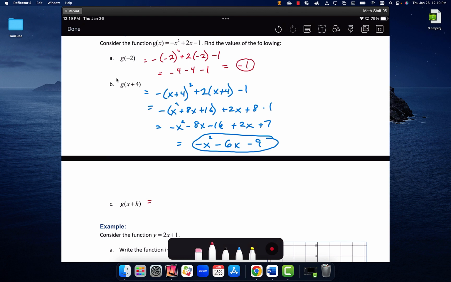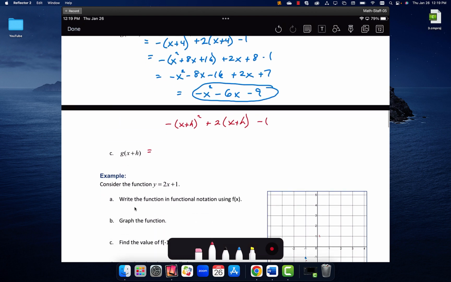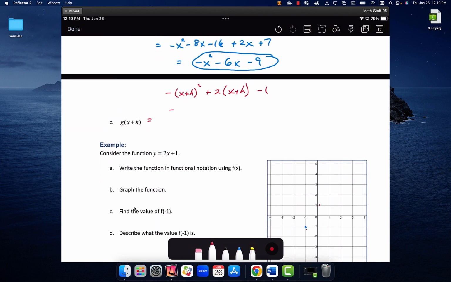And in this last example, we'll replace all of the x's in the original g with what's in parentheses, x plus h. So we have negative x plus h squared plus 2 times x plus h minus 1. And we go through and simplify.